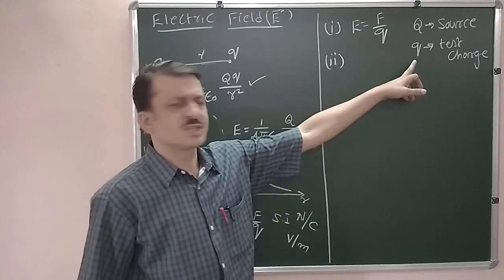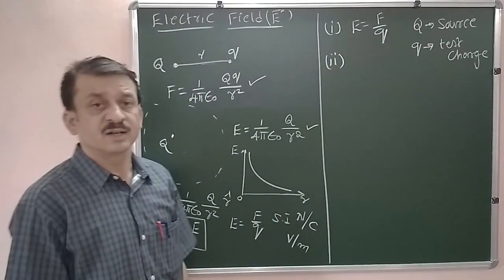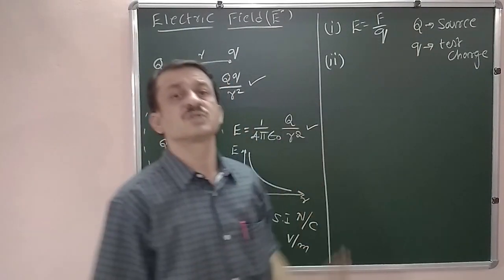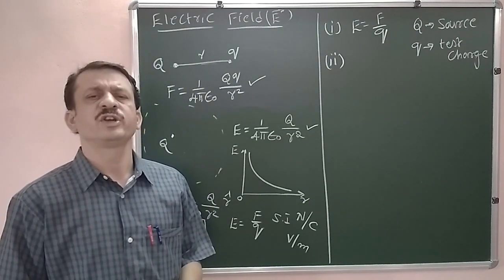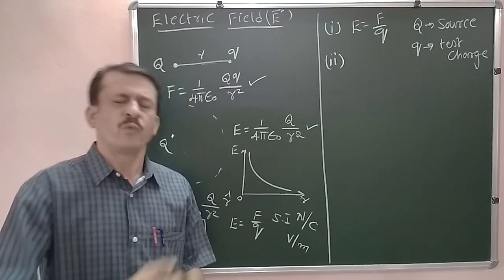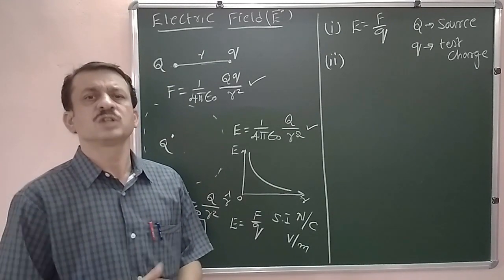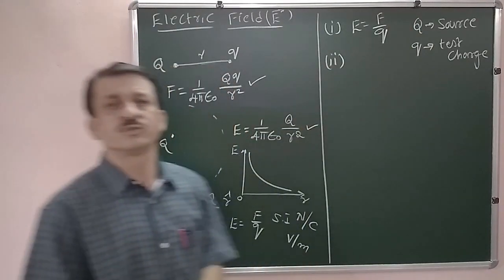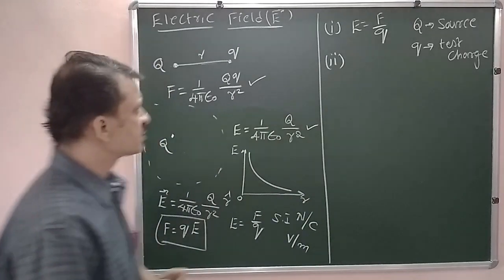The small q test charge is so small that it will not alter the position of the source charge. We have to choose the unit positive test charge vanishingly small, so that it will not alter the position of the source charge. That is the first remark.